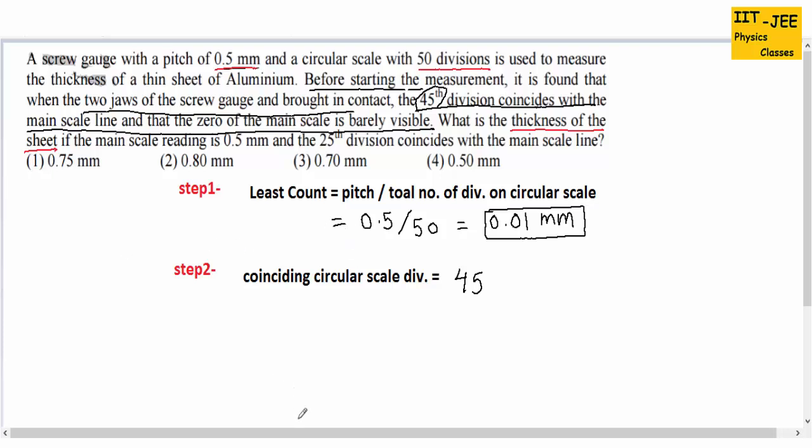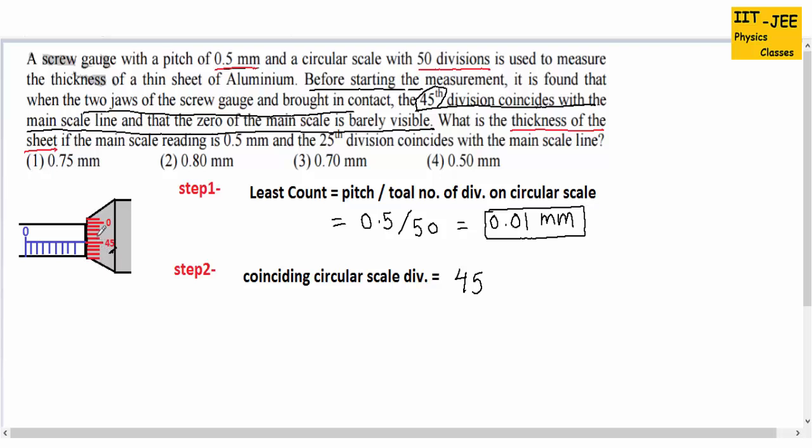Just visualize the screw gauge. Let me show you the picture of the scales. This is the main scale and this one is the circular scale, and it is given here that the 45th division is exactly coinciding with the main scale line, this line. Total number of divisions here are 50, so 0 must be above the main scale line. You can see this is the 0. 0 cannot be below this because the total number of divisions is 50.